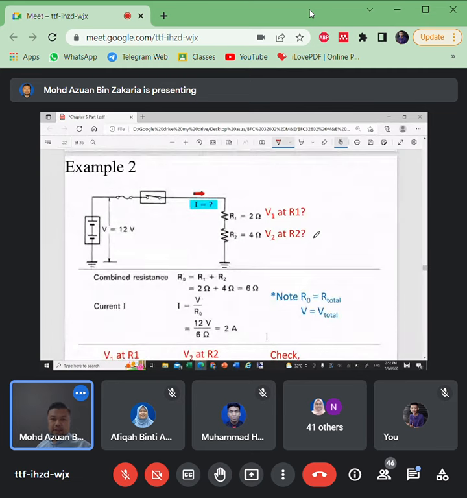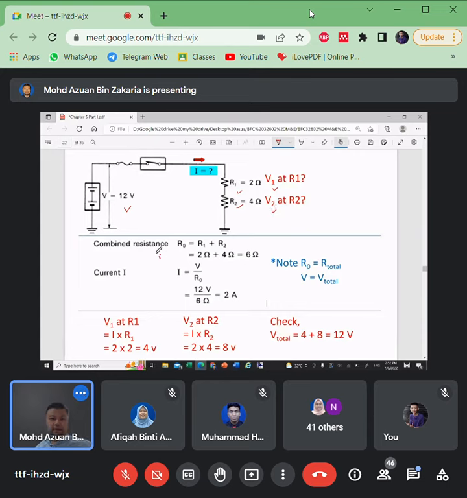Let's look at a different example. So we have a supply of 12 volt and then 2 resistance, and then calculate voltage. Similar, I think, as previous. So first step, normally we will calculate R total.